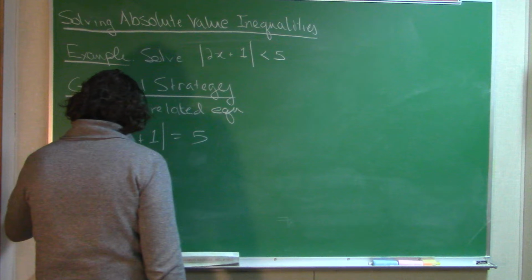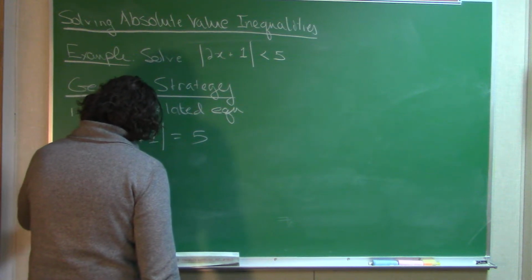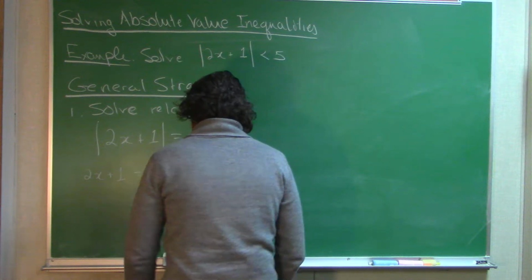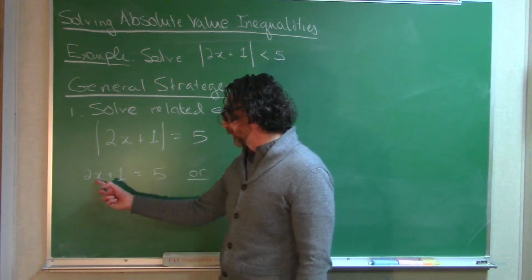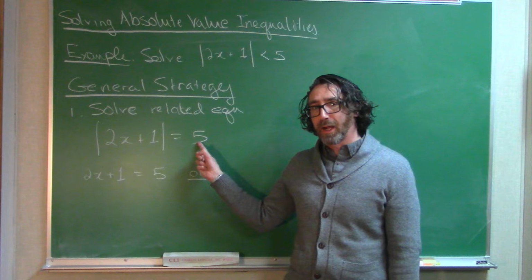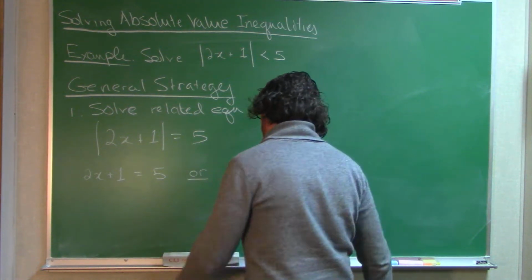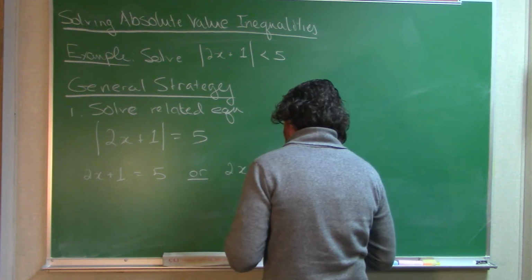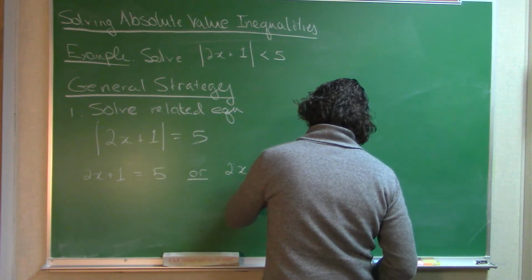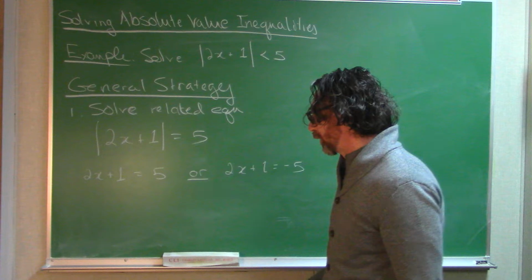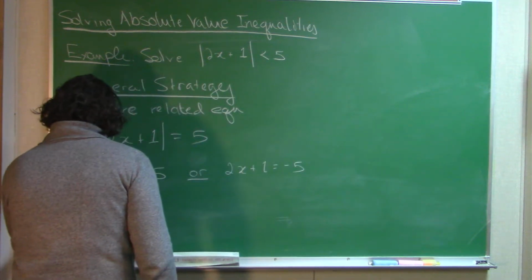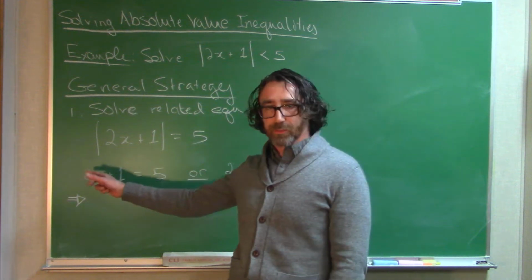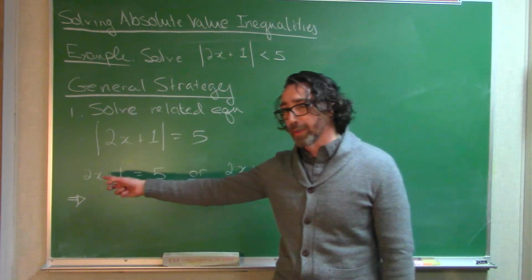So as we showed in the last video, we would consider two cases. So we take this expression inside the absolute value. It could be equal to the positive version of what we have over here, or this expression inside the absolute value could be equal to the negative version of what we have over there. Now, if this statement right here is true, if 2x plus 1 really does equal 5, we want to get x by itself.